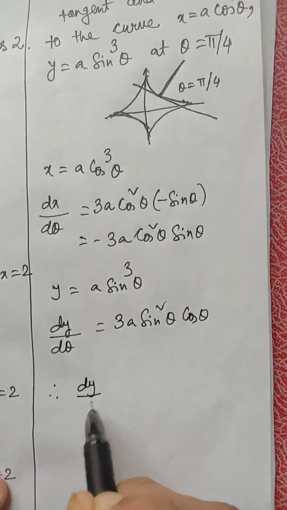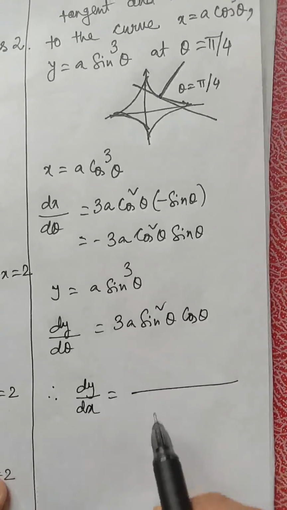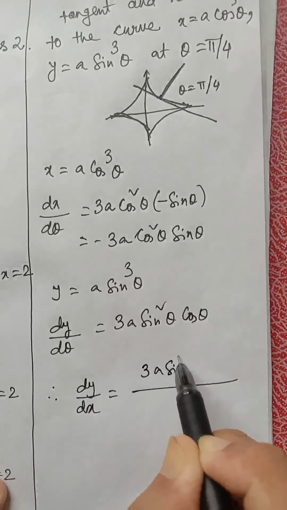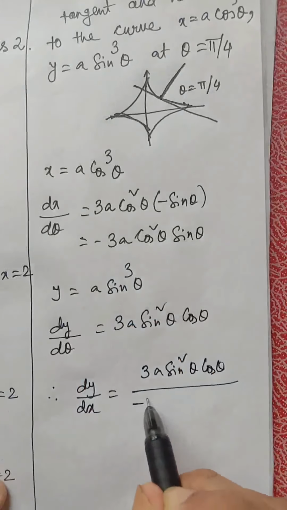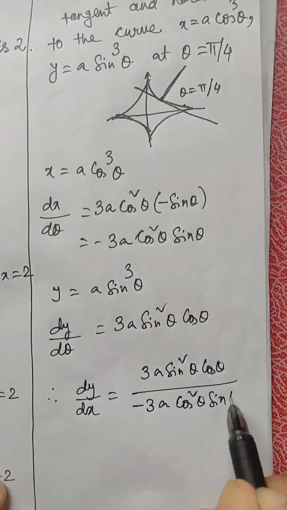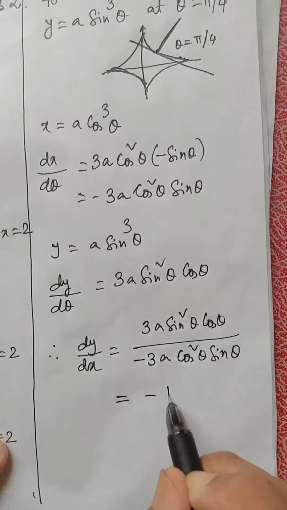Therefore dy by dx equal to dy d theta by dx d theta, which is 3a sin square theta cos theta divided by minus 3a cos square theta sin theta. So this equals minus tan theta.